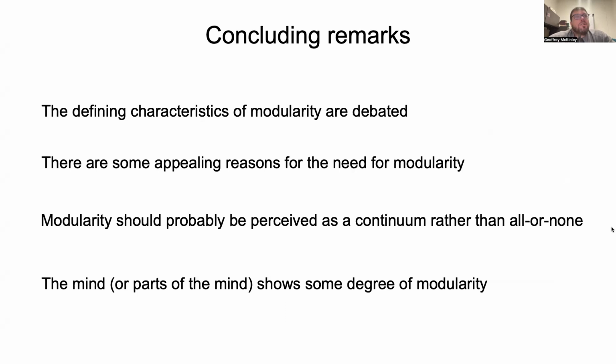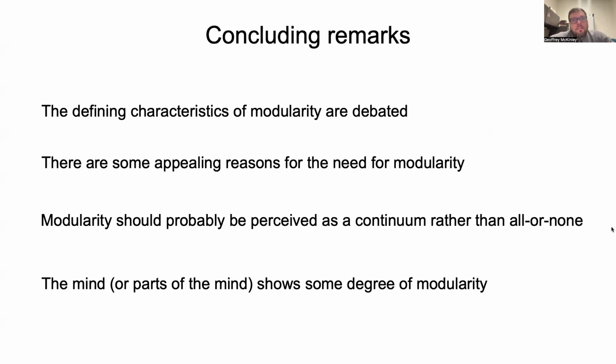Okay, so, concluding remarks on the defining characteristics of modularity: it's not really clear what exactly counts as modular. Some people wonder whether speed and efficiency are important, or whether mandatory application is important.